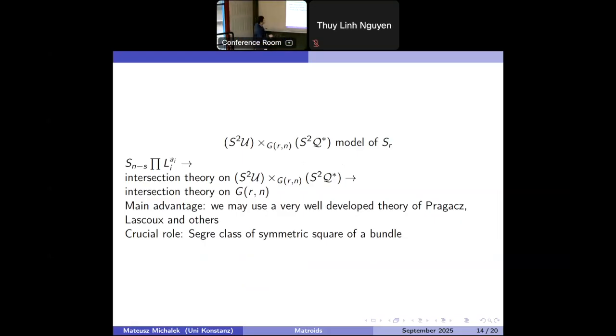It's exactly this point. What happens is you need Segre classes of symmetric squares of those bundles, and from one hand this is very hard, but from the other hand, fortunately, those 20 people thought about it. So they thought how to do intersection theory here.